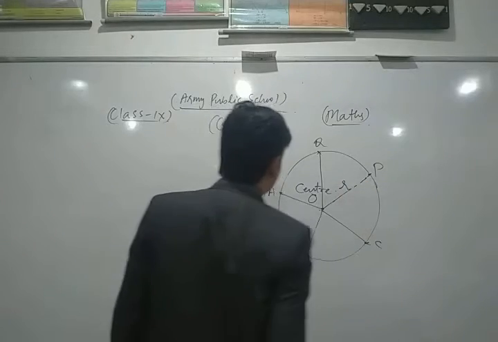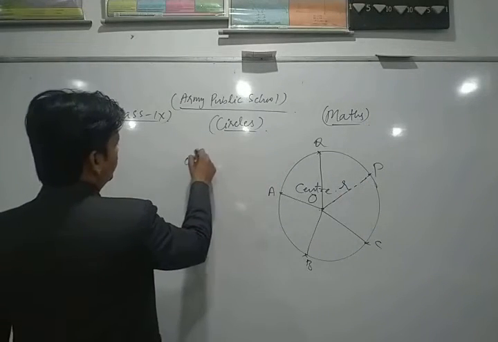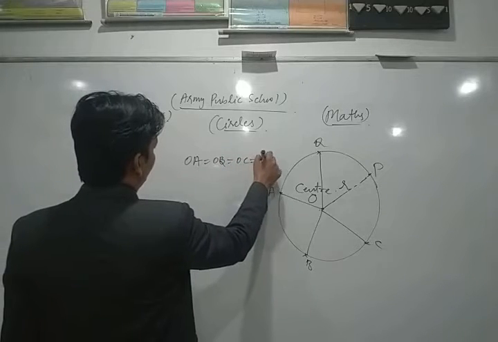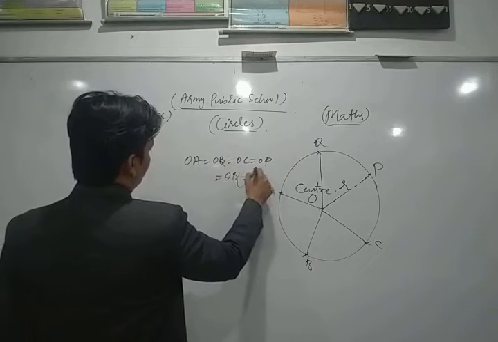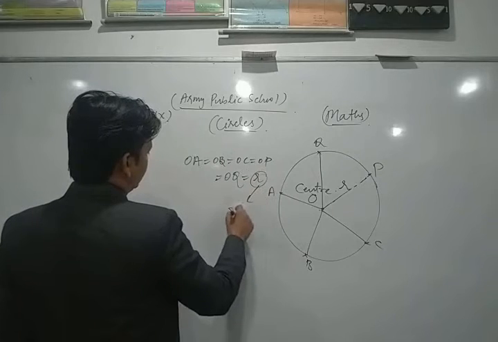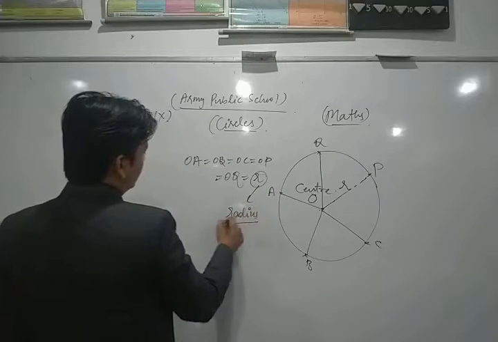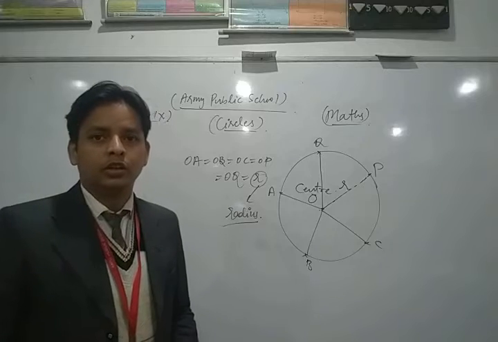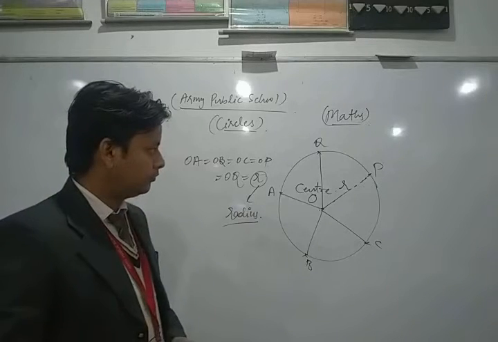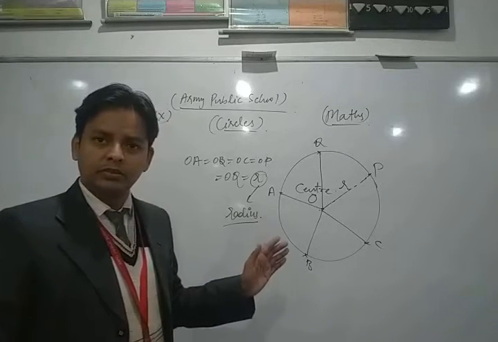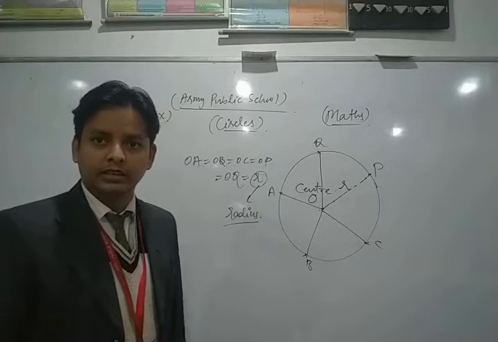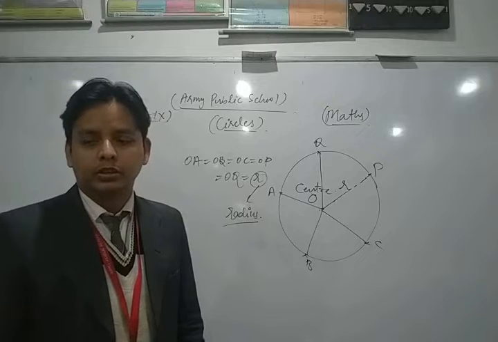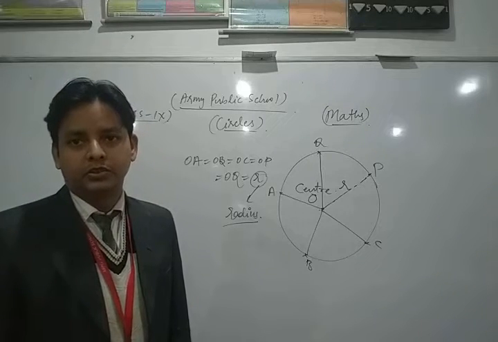It is represented by R, that is OA is equal to OB is equal to OC is equal to OP is equal to OQ, each equal to R. This is the radius of the circle. So in this way you have cleared the concept of the circle. This is a very important chapter for you and your upcoming second term examination.